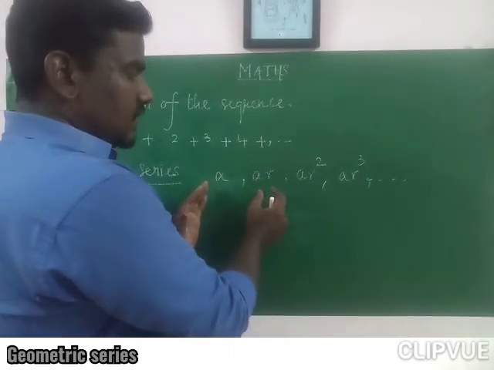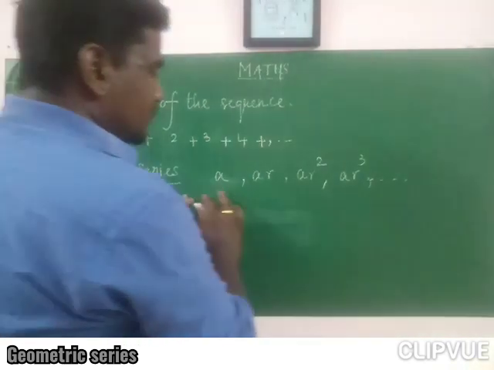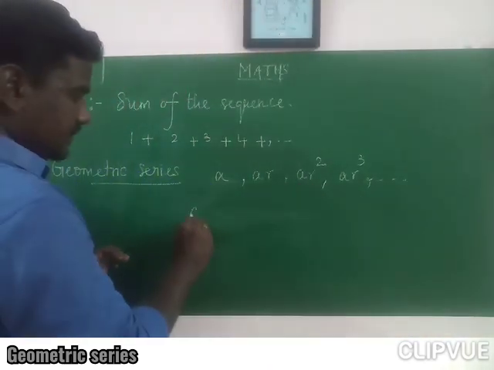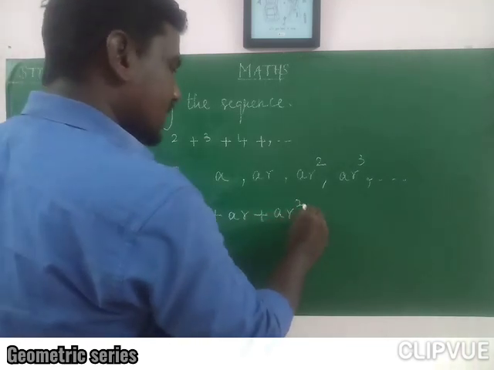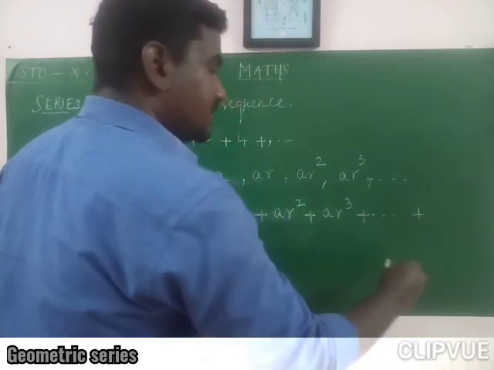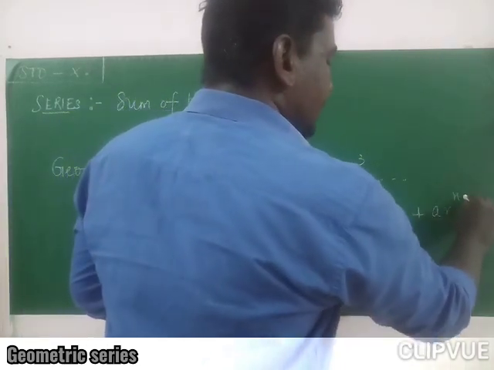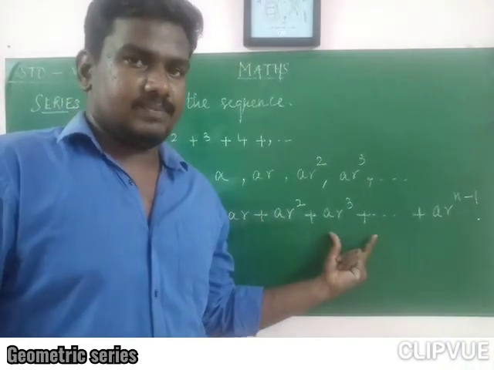This R is called the common ratio. If we say this is a geometric series, it means A plus AR plus AR square plus AR cube and so on, plus AR power n minus 1. This is called a geometric series.